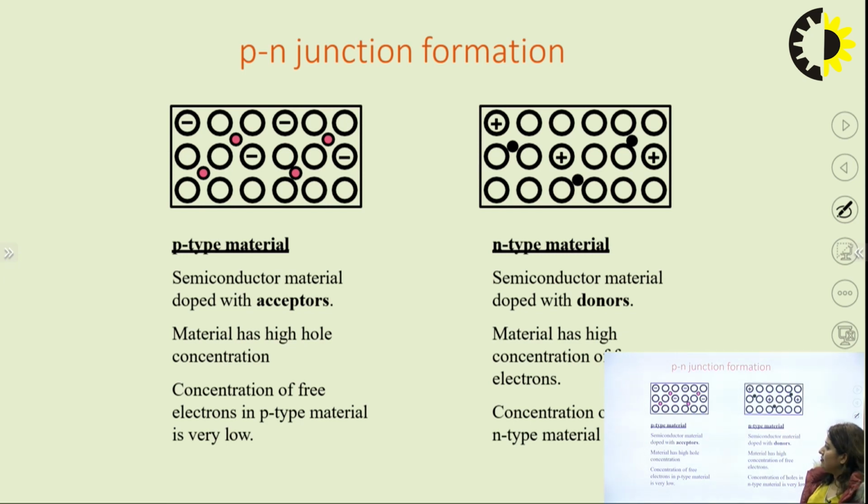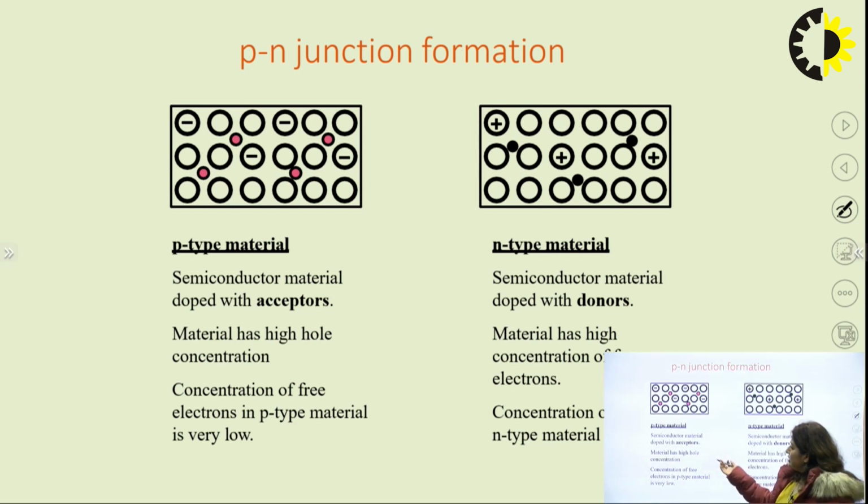As I have discussed, for making a P type of semiconductor, we have to create a P type of material. So the semiconductor material is doped with acceptor type of impurities like boron, aluminum. These are trivalent impurities, and with these acceptor impurities, we have a larger number of holes created in the semiconductor lattice or structure.